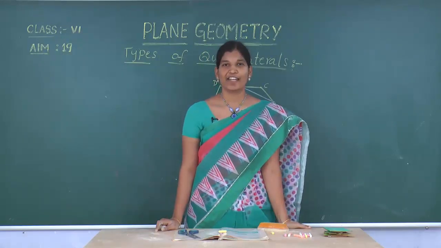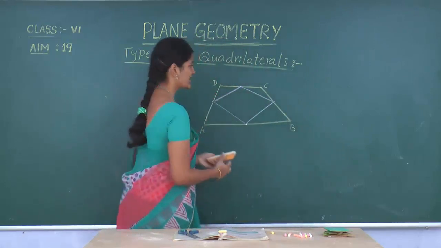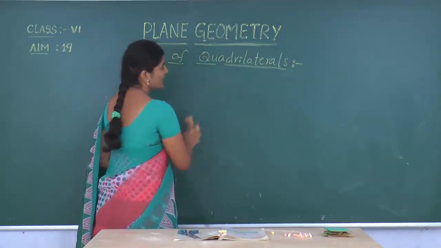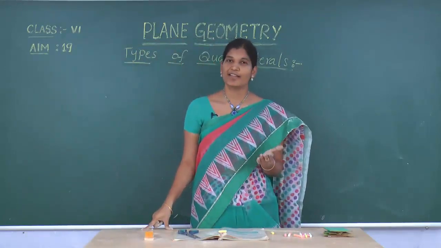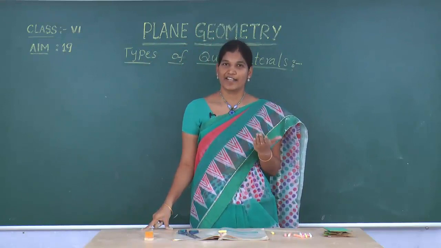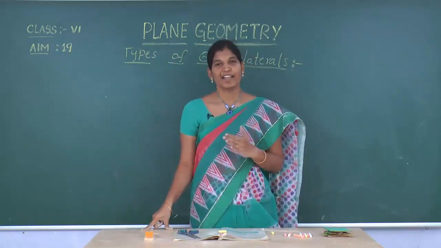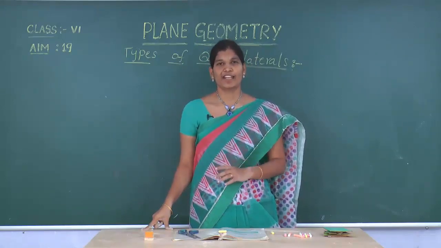Like this we can go on. And one more important thing I would like to explain is that every square is a rhombus, every square is a rectangle, every square is a parallelogram, every square is a trapezium. Like that we can say.